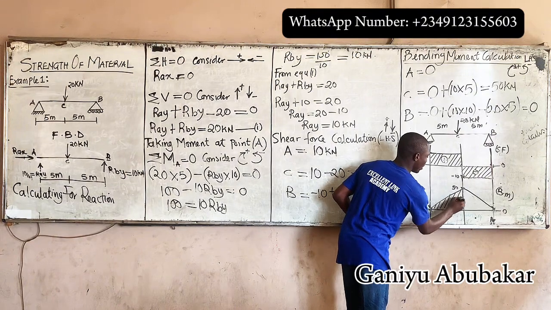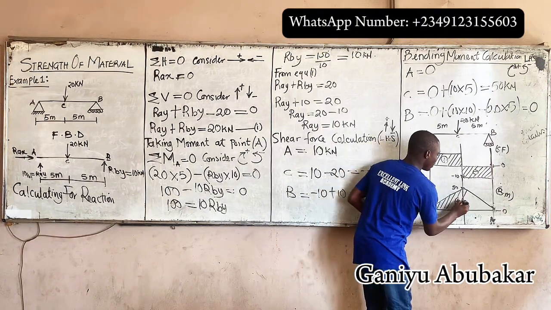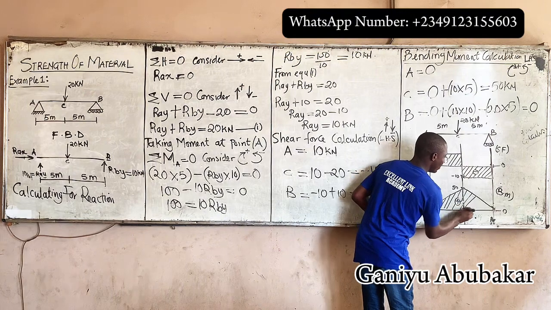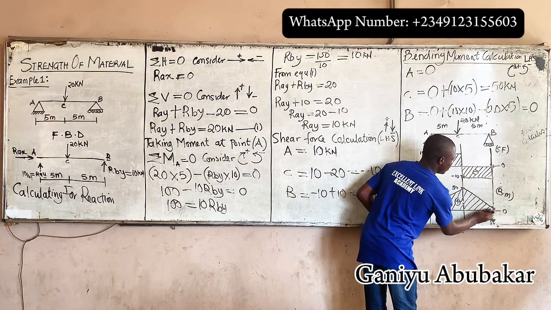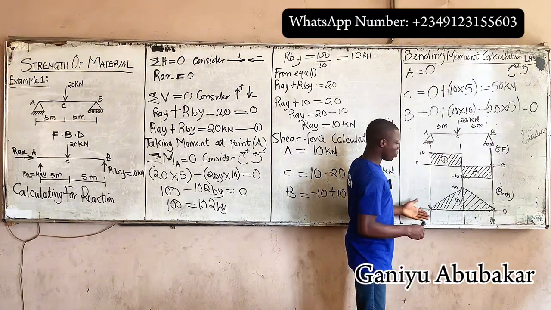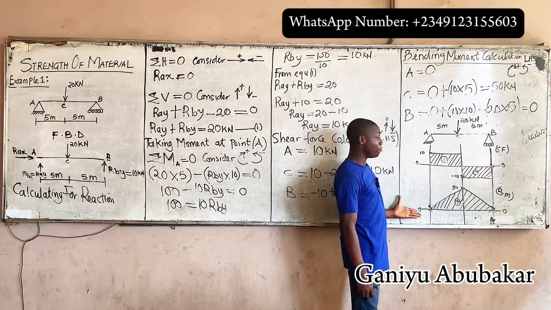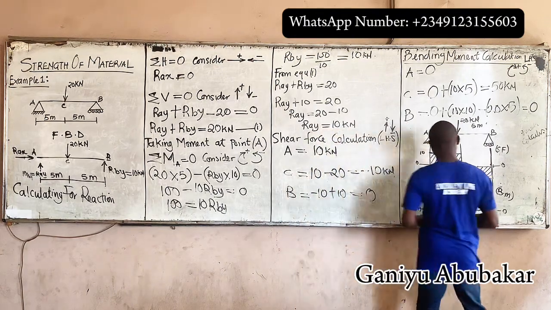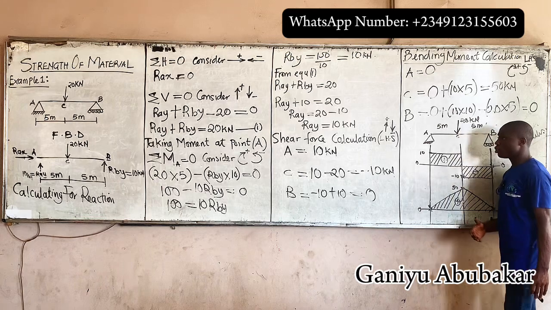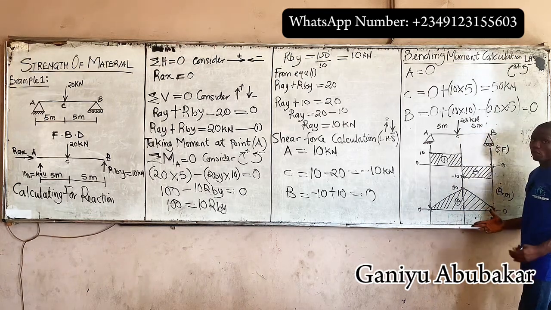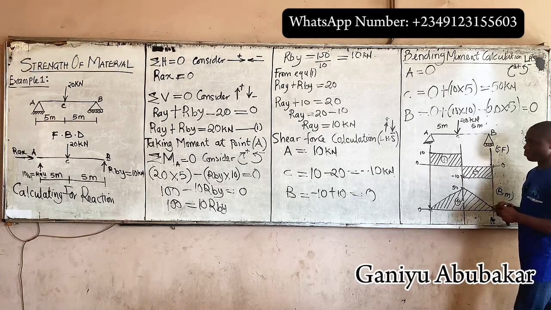So this becomes my diagram for bending moment for that particular question. So you can see the diagram in front of you. It becomes the diagram for the shear force and bending moment calculation of that particular question.